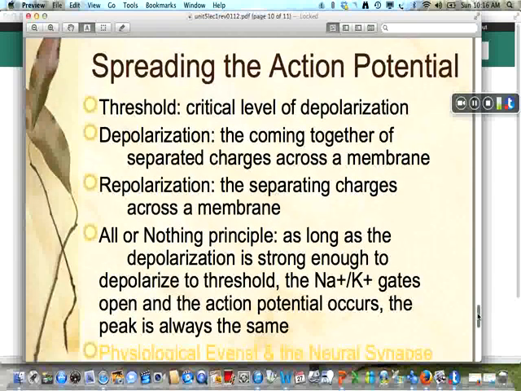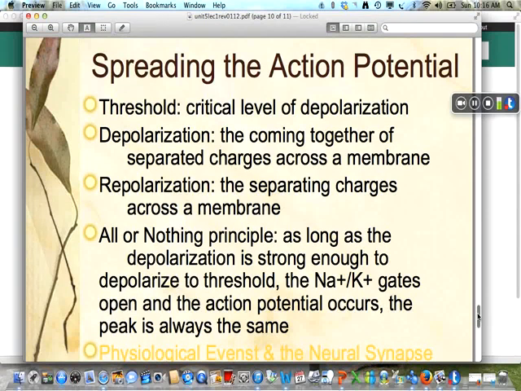So when we go to spread this action potential, you're going to reach a threshold, which is a critical level of depolarization. So you have to have enough depolarization for those charges to actually be able to come together. It operates on what we call the all or none principle. As long as there's enough depolarization to reach the threshold, the sodium-potassium gates are going to open and the action potential occurs.